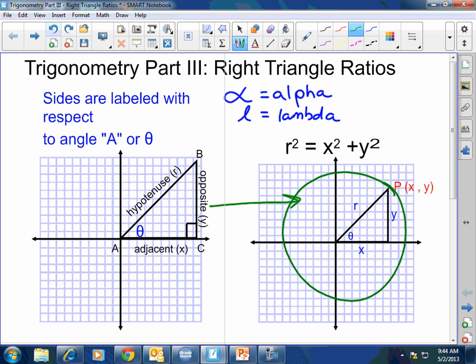And they want you to find either the theta or the y or the x or the radius. Remember, this P is the point on the circle that is created by the angle that is in motion. Are you guys with me so far?